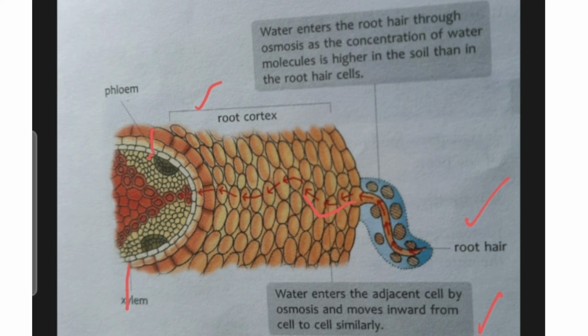Water enters the root hair through osmosis as the concentration of water molecules is higher in the soil than in the root hair cells. So from the outside it is absorbed into the root due to the concentration gradient. This is the procedure of the absorption and movement of water in root cells.